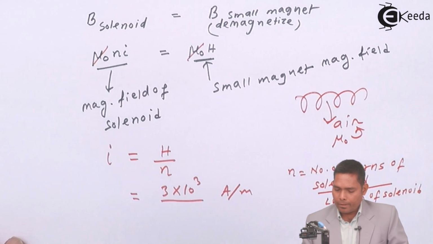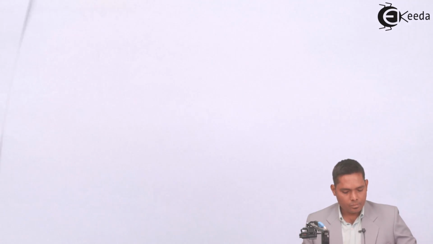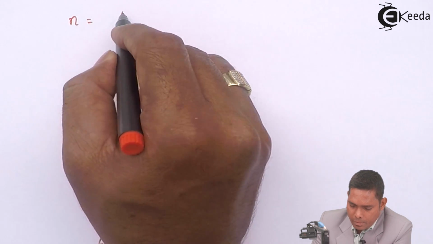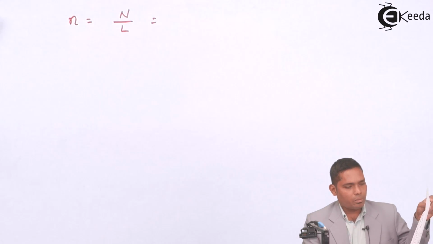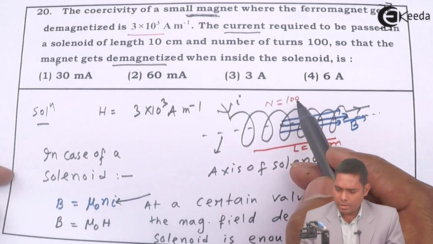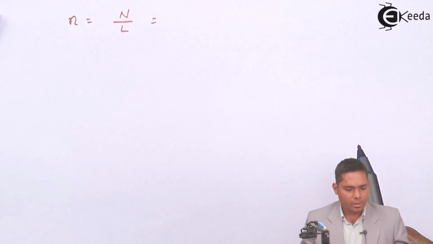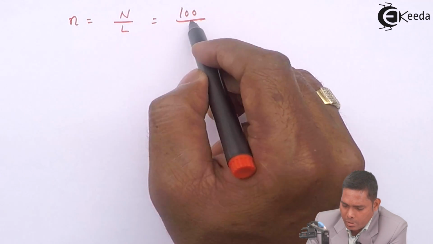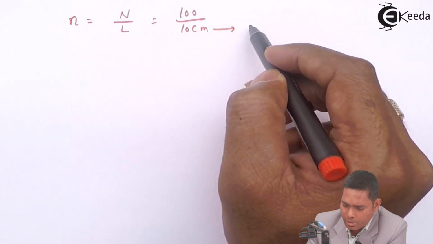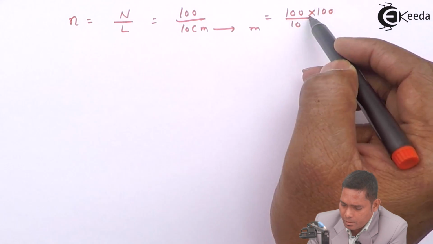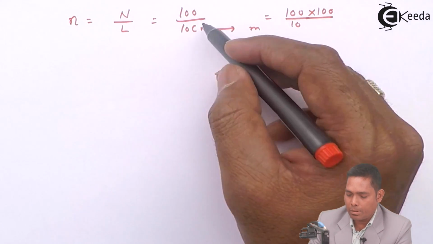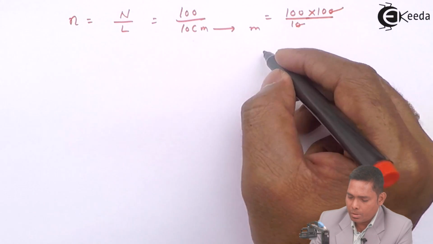The total number of turns is given as 100, and the total length is 10 centimeter. This has to be expressed in meter, so this is 100 divided by 10 divided by 100, which becomes 1000.